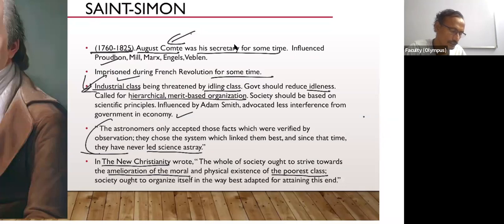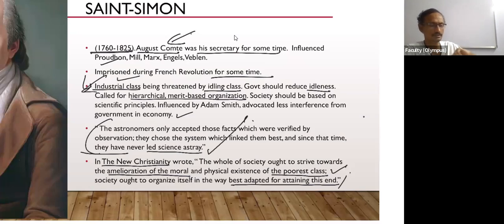Society ought to organize itself in the way best adapted for attaining this end. So socialism to Saint-Simon is not about ownership, not about owning the means of production, not about class conflict, but about taking care of the poorest, designing the system in such a way that the poorest are taken care of, and this should be designed on the basis of scientific principles.